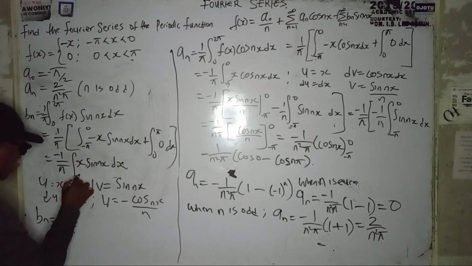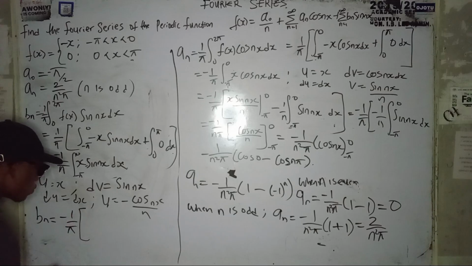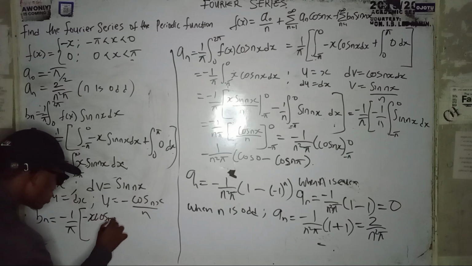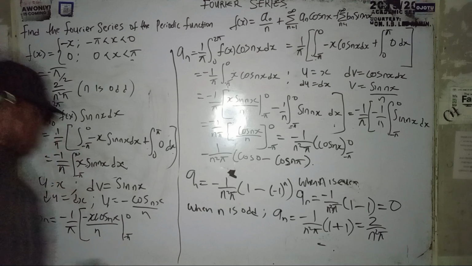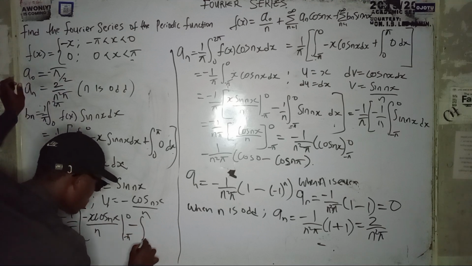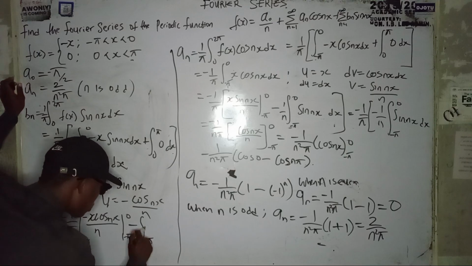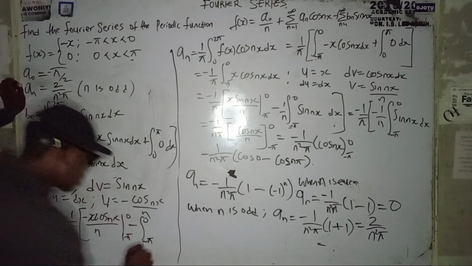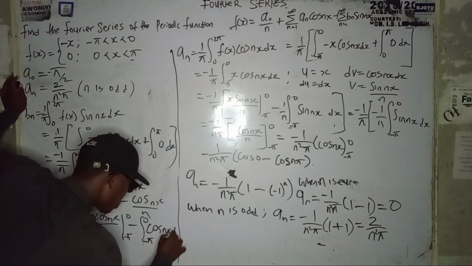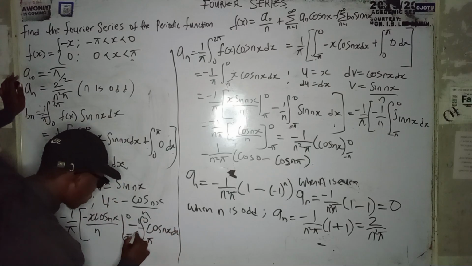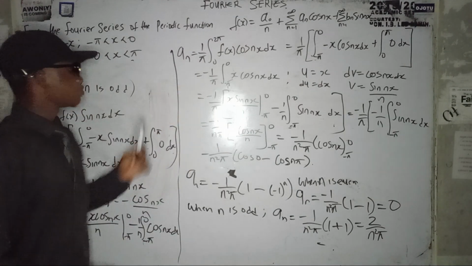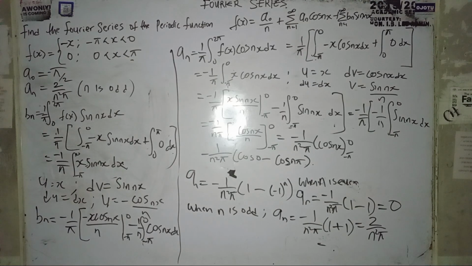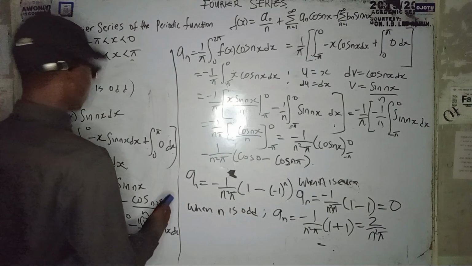Then our integration from minus pi to 0 will be equal to uv, which is minus x cos nx over n from minus pi to 0, then minus the integration from minus pi to 0 of cos nx dx, and the 1 over n you can put outside. So now we have to do our continuation.